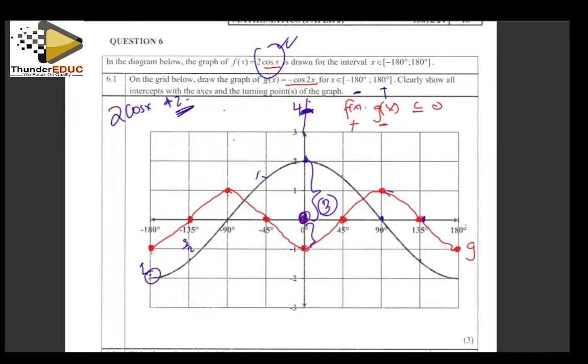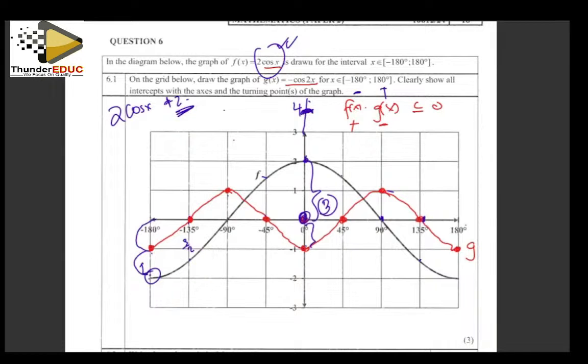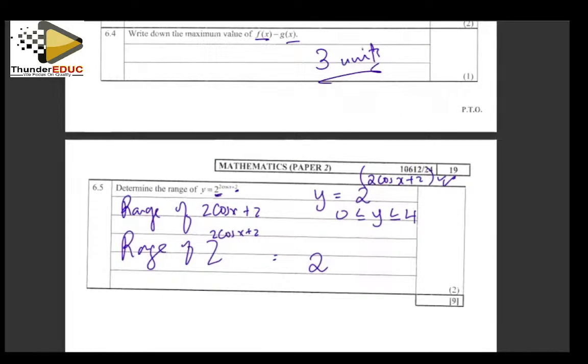This is f, we're moving 2 units upwards. Let's just confirm the question. It's a plus 2. Beautiful. So it's going to be at a 0, and then if it moves 2, that's 4. So I'm going to have 2 to the 0 less or equal to y less or equal to 2 to the 4. That's 1 less or equal to y less or equal to 16.